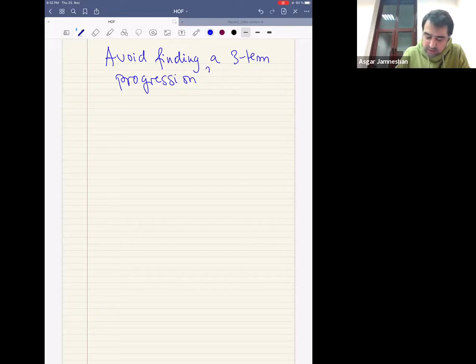A 3-term progression is just 3 numbers, such as 2, 4, and 6, which are the same amount apart from each other. Another way to characterize 3-term progressions is as solutions to the following equation: a plus b equals 2c. Any 3 numbers which solve this equation will form a 3-term progression. So we want to construct a set which avoids solutions to this equation.